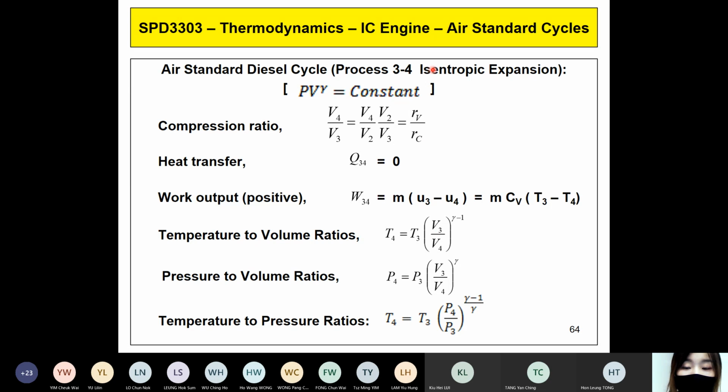Process 3 to 4 is isentropic expansion. I have already derived the equations for the isentropic process, so you need to remember these equations. For V4 to V3, we can rewrite it as the ratio between the compression ratio and the cut-off ratio. You should remember it, okay?